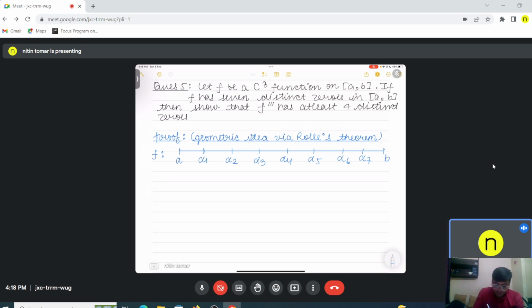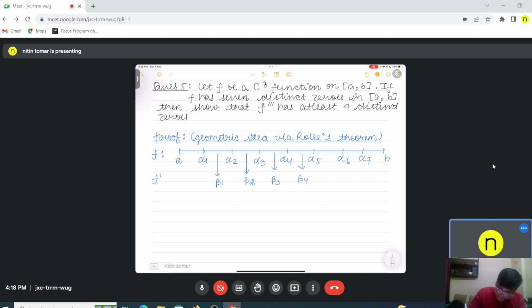Now you apply Rolle's theorem on f dash. Somewhere here you will have 1 zero, let it be beta 1. Somewhere here you will have another zero, let it be beta 2. Somewhere here you will have beta 3, at least 1 zero, right?